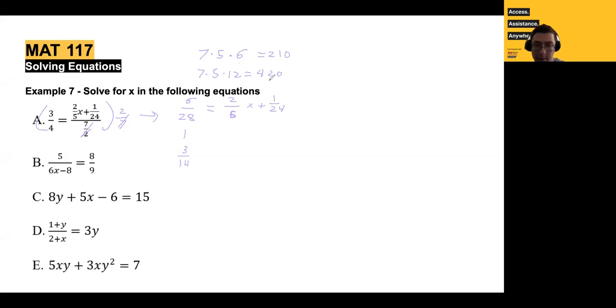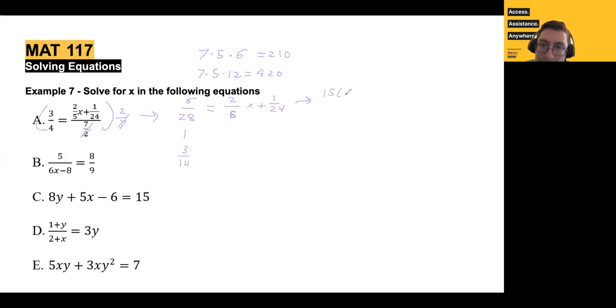Well, that's pretty huge, though. But why not do it? Because then we get rid of the fractions that way. So 420 divided by 28 is 15.